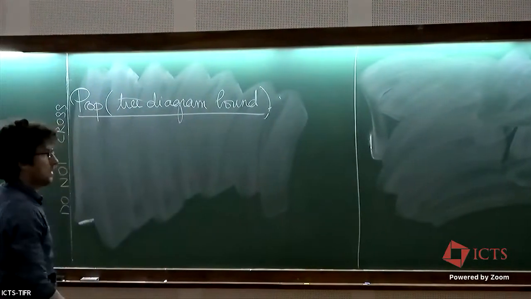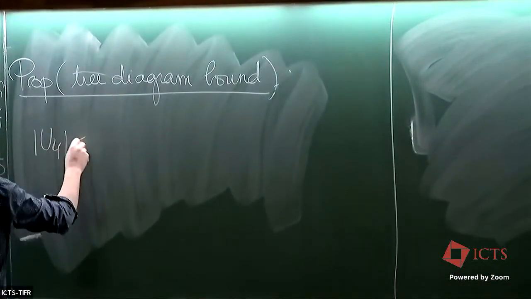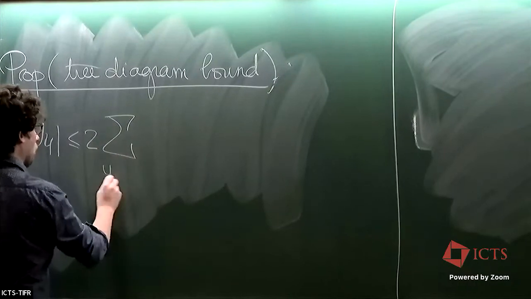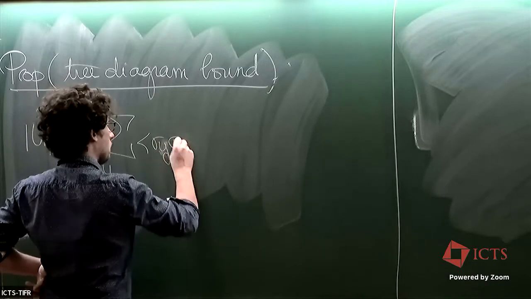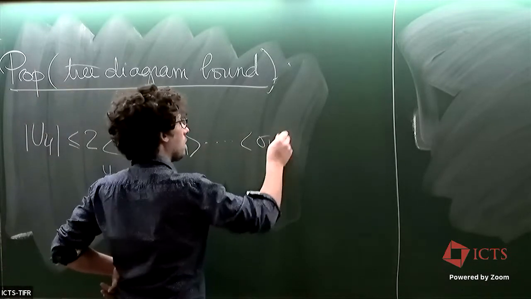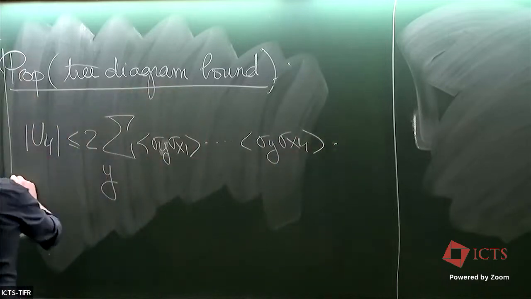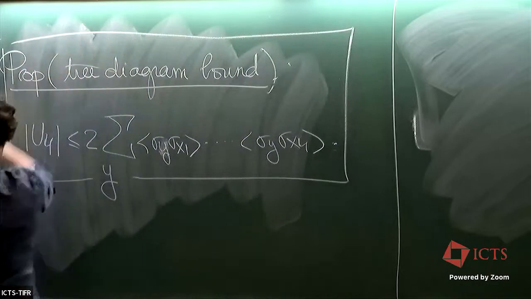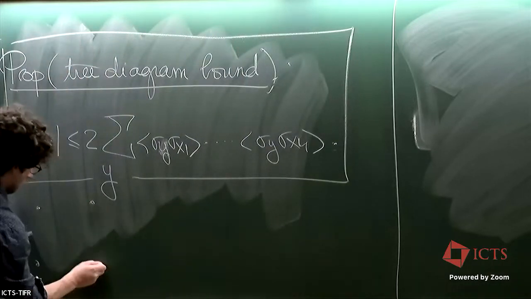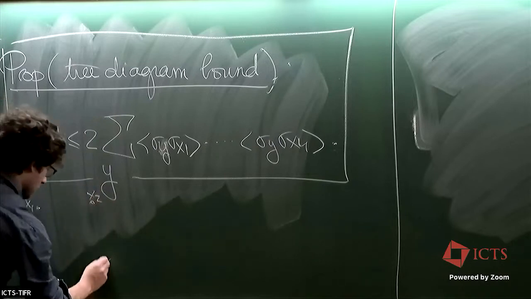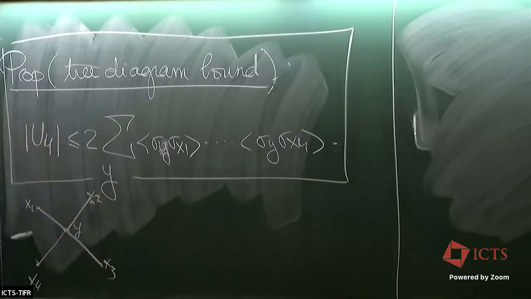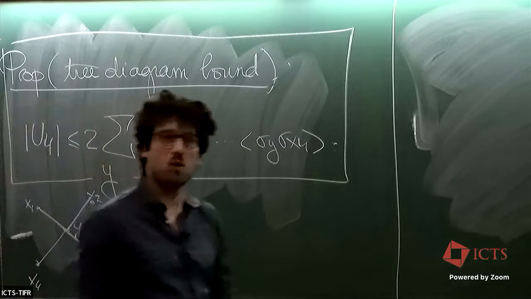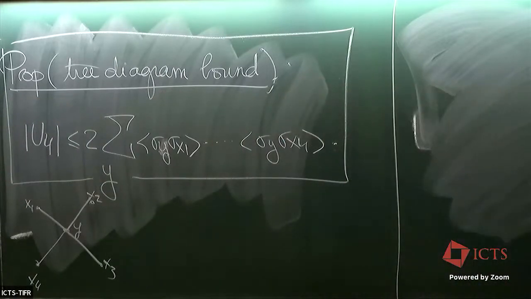The tree diagram bound says the following: U4 is bounded by twice the sum over every y of sigma x1, sigma y, sigma x4... that is, the product of the correlations between y and each of the points x1 to x4. A very elegant estimate, and it's called the tree diagram bound because some people interpret it like this: you are summing over y this kind of diagram, where you put a line if you have a correlation sigma between two points.